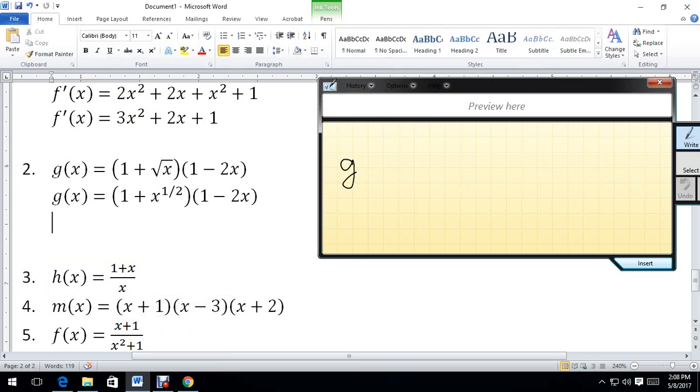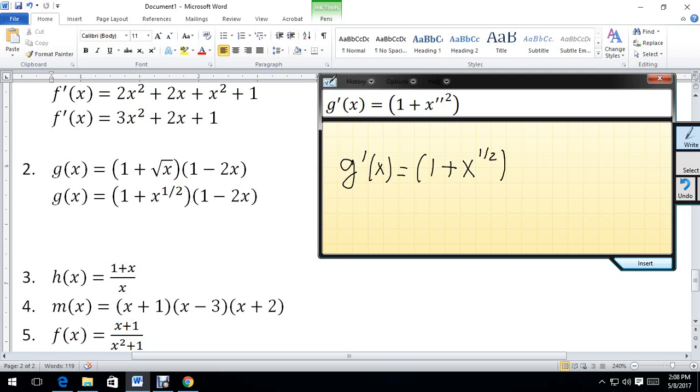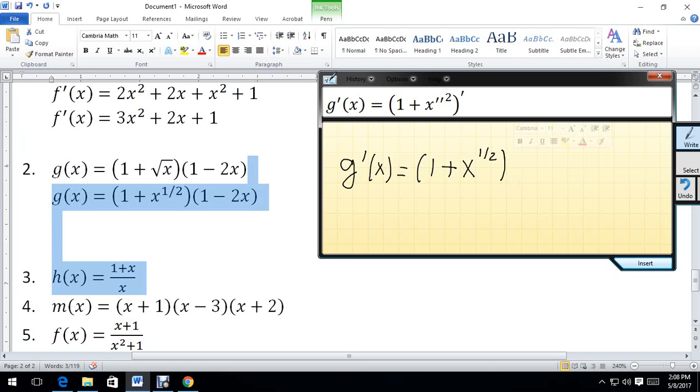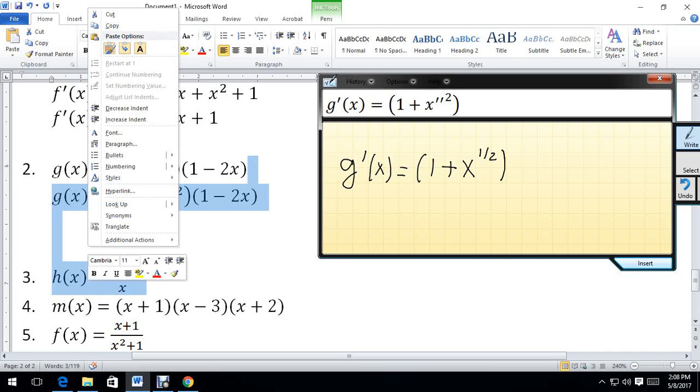Okay, so we have g prime of x is equal to first, meaning we just copy the first expression, multiplied by the derivative of the second expression. Perhaps we could write this in the derivative form.